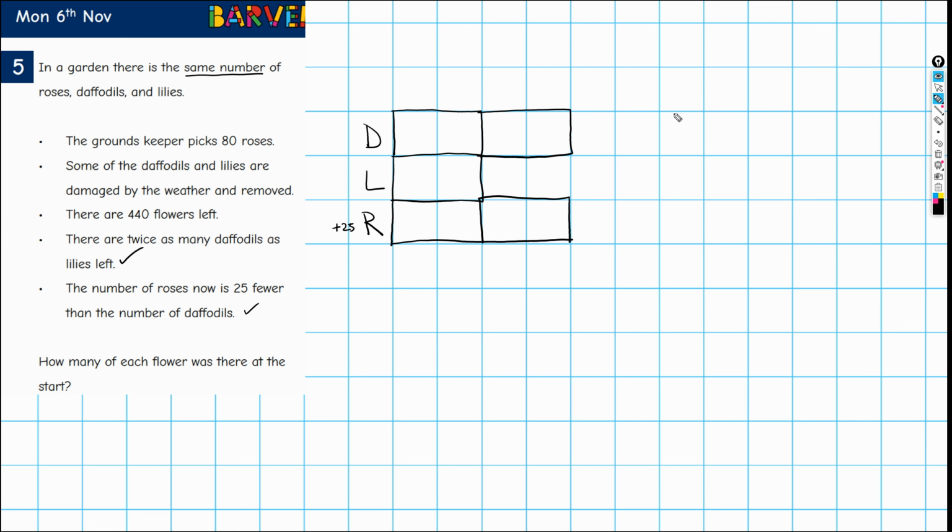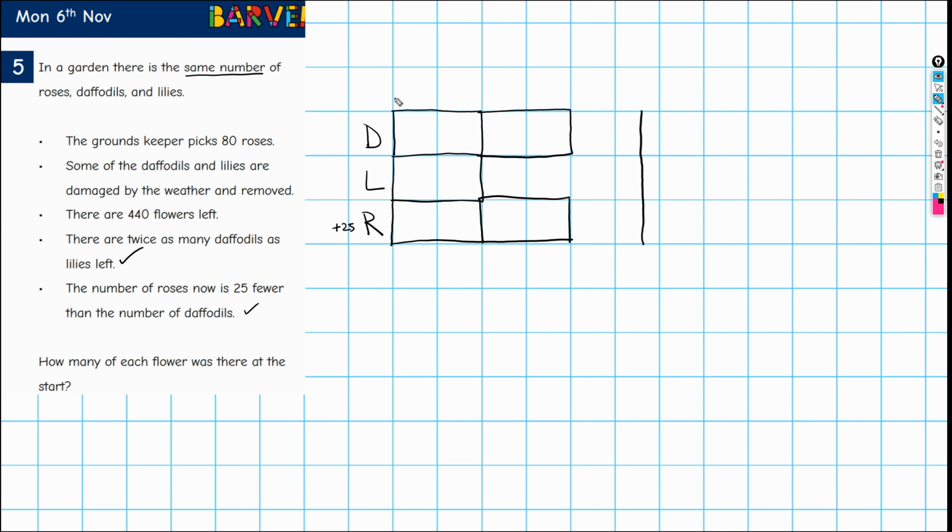So I'm going to draw a line. Oh, that's quite good for me. So this represents how long each bar would be had there been no flowers picked or damaged. This is how many flowers there were originally.